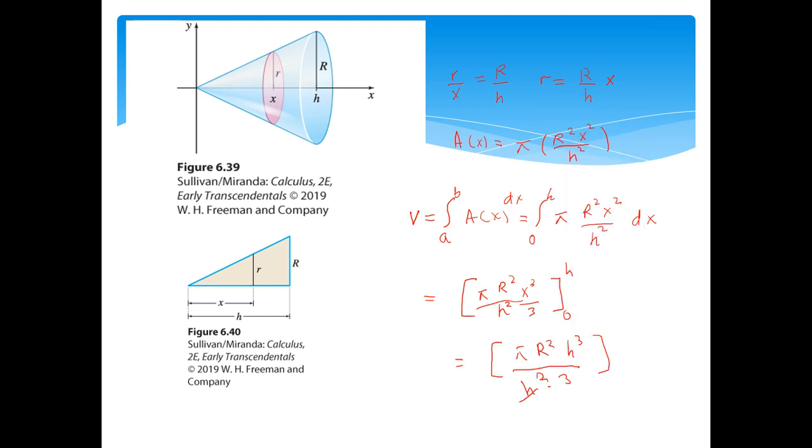Then the final answer is one third pi R squared h. And that is exactly what we saw earlier.